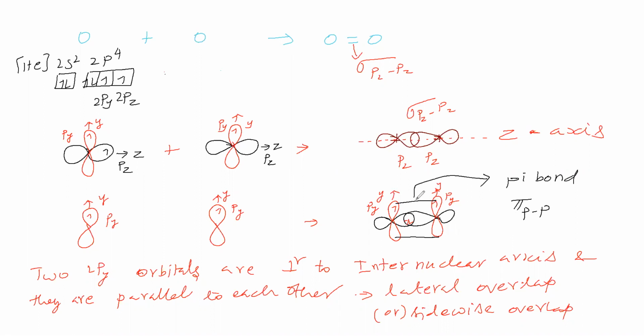Here we have written two lines, one above and another below. This indicates lateral overlap, meaning overlapping above and below the internuclear axis, which is one pi bond. Therefore, in oxygen two bonds are there: one is sigma, as we already said, and the other is a pi bond, formed between p orbitals by lateral overlapping.